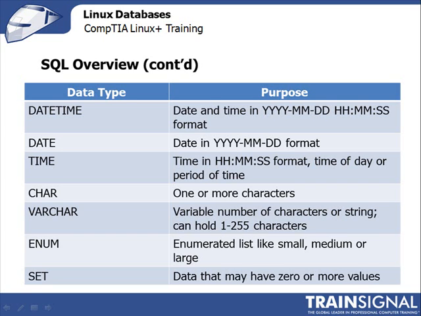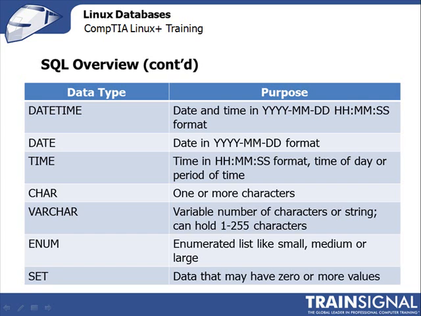Although keep in mind that char is much faster than varchar, sometimes up to 50%, so I hear. Enum can contain a list, like small, medium, or large, and the last is set, which is a data type of string that allows one to choose from a designated set of values, be it one value or several. You might use this data type to select car add-ons, like a sunroof, airbags, or leather seats.